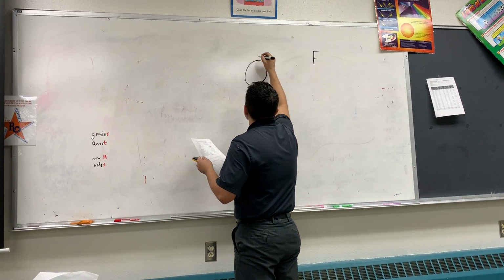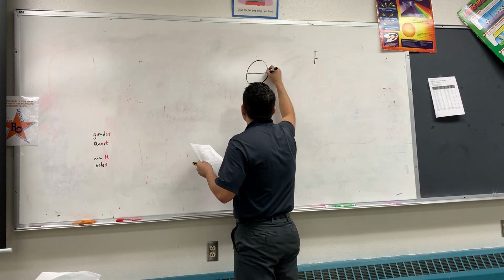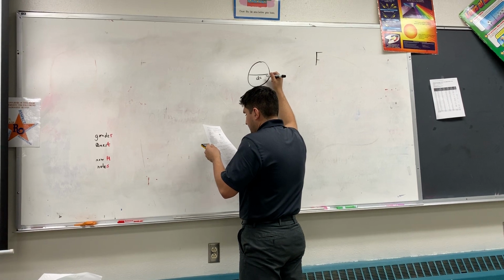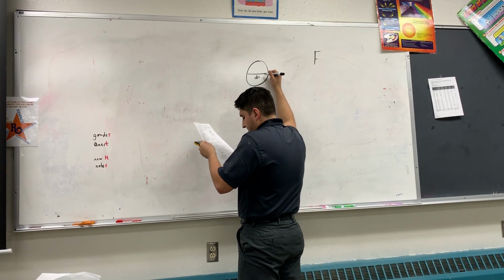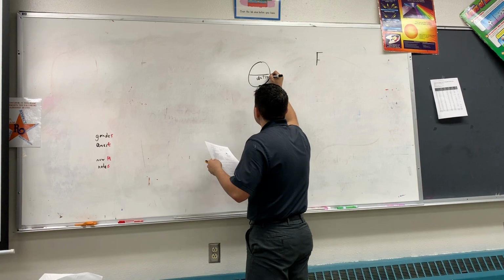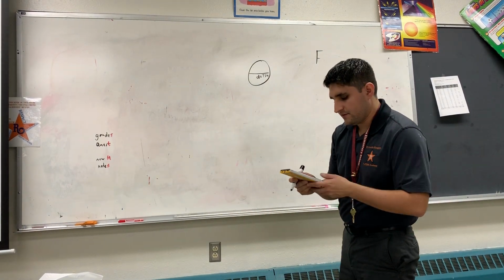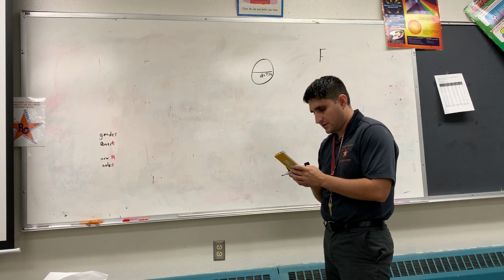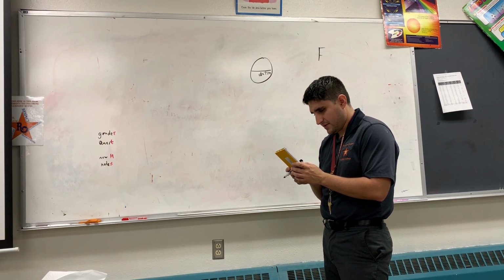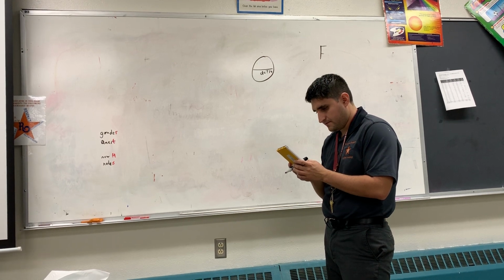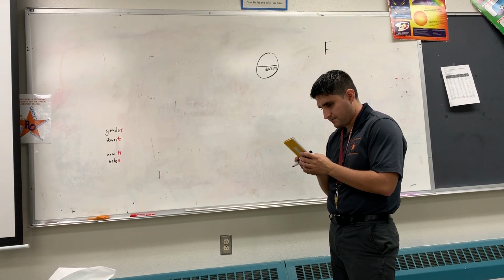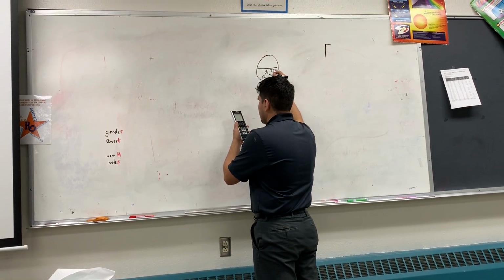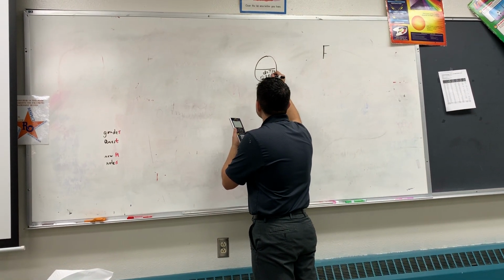We know the diameter is 7.34, so 7.34 divided by 2 gives me a radius of 3.67.